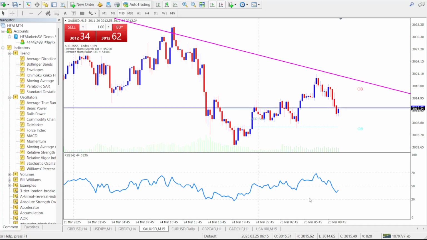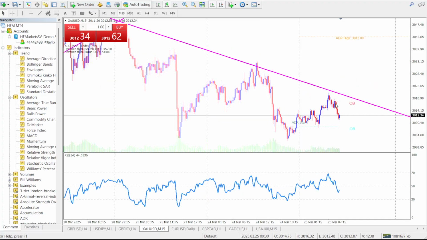So when you get some information from the ADR order block finder and you are looking for sell opportunities, perhaps when the price gets towards the order block identified for a sell, you just ensure that the RSI is also around overbought territory, then you can look for sell opportunities. Or maybe when the price gets towards the order block identified for a buy, then you can just look out for oversold conditions on the RSI.